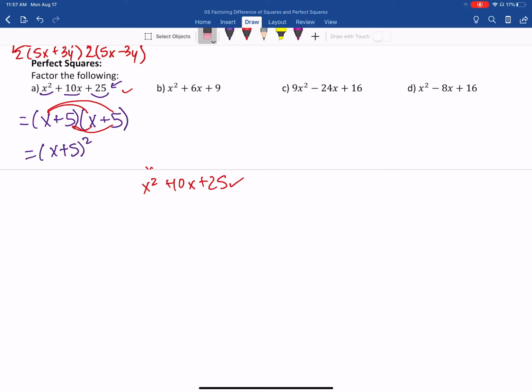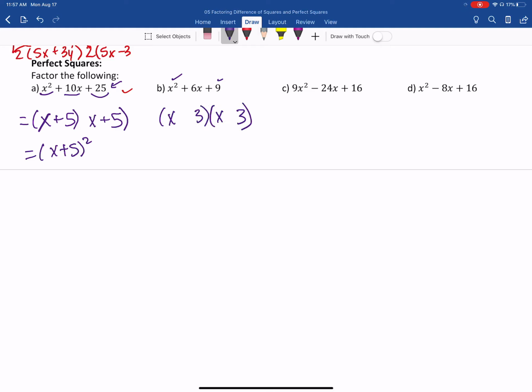So if we go to the next question, the same thing. This is a square number, this is a square number, which means that I know that it's going to be x and 3 and x and 3.